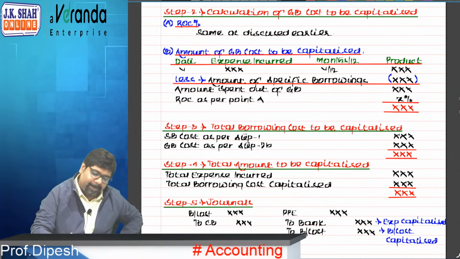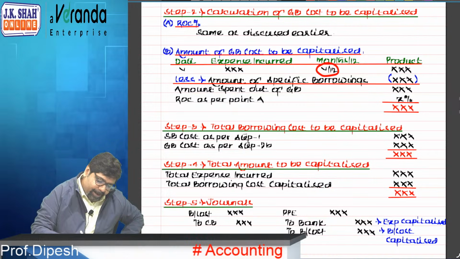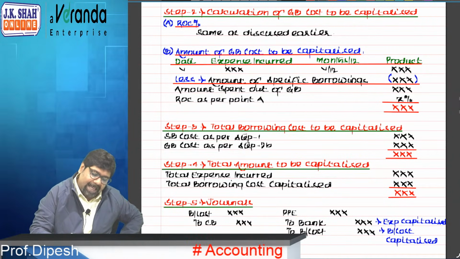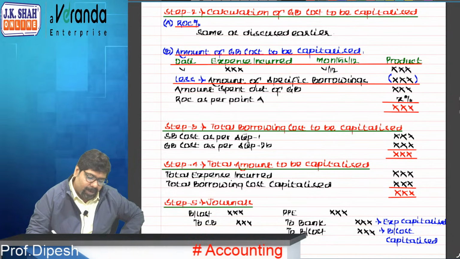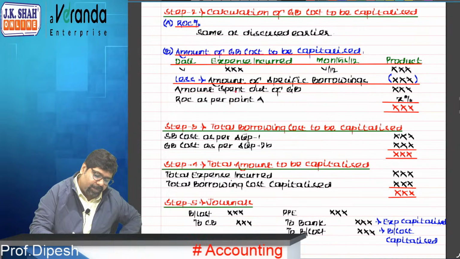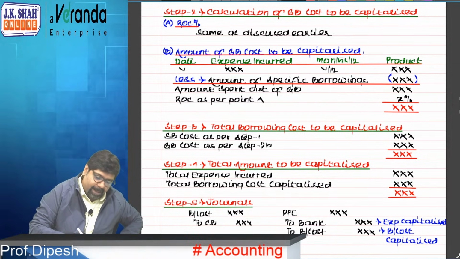Once again, date, expenses incurred, total, into months by 12 will give you product. Then you will subtract the amount of specific borrowings, and you will be left with the amount of general borrowings. Then the rate of interest will give you general borrowing cost to be capitalized.